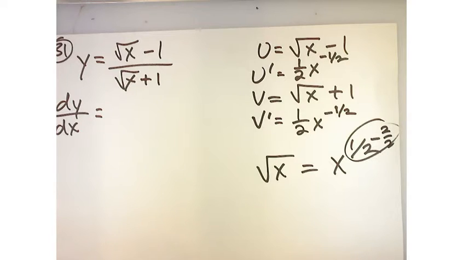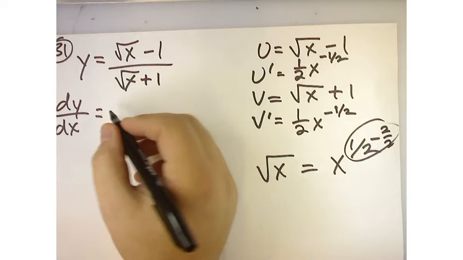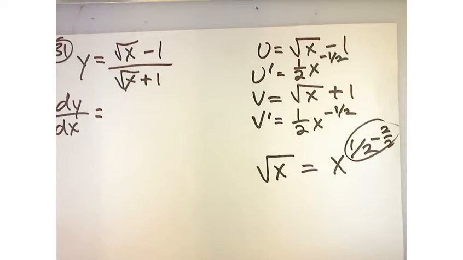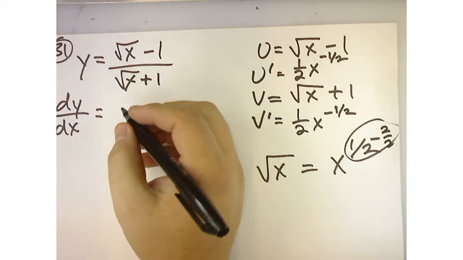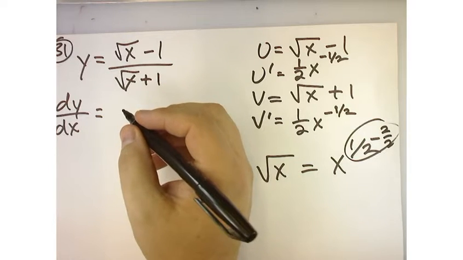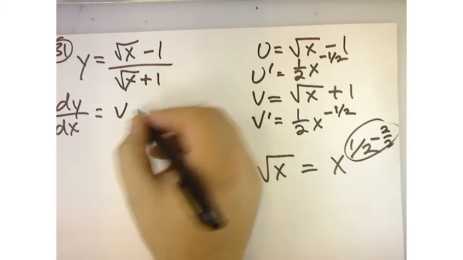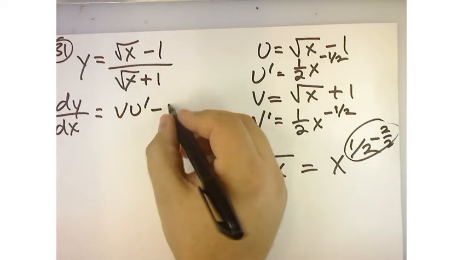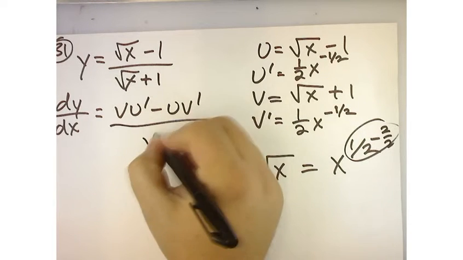Now, to find dy/dx of u over v, we have to use the quotient rule. And the quotient rule is v u prime minus u v prime, all over v squared.